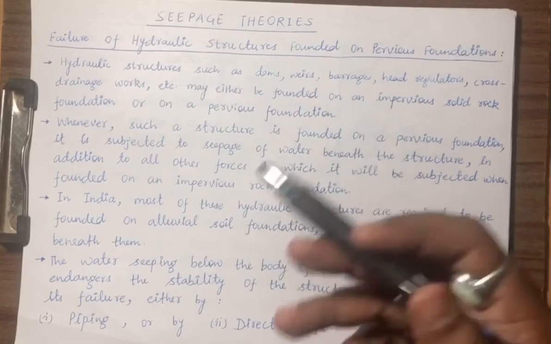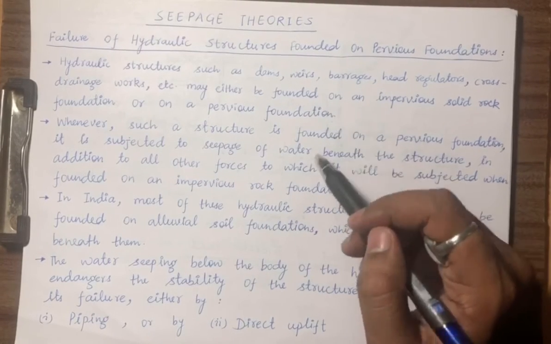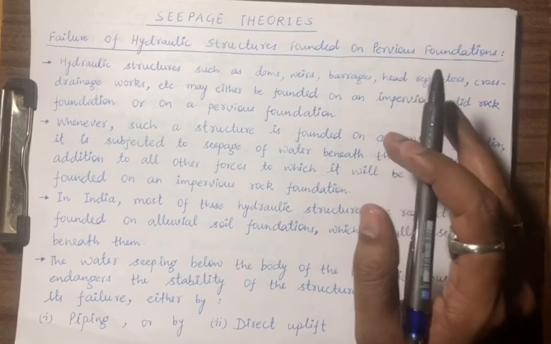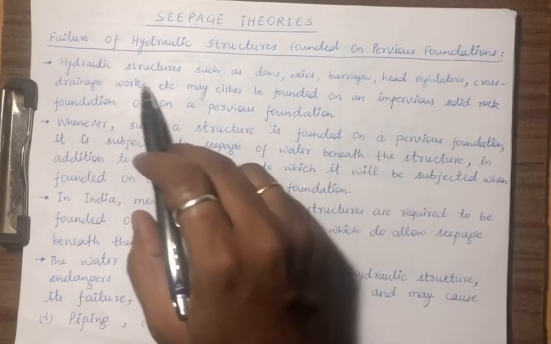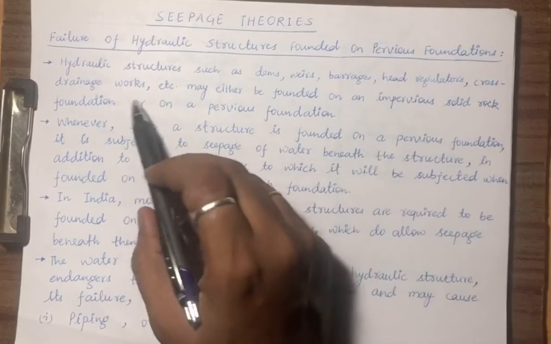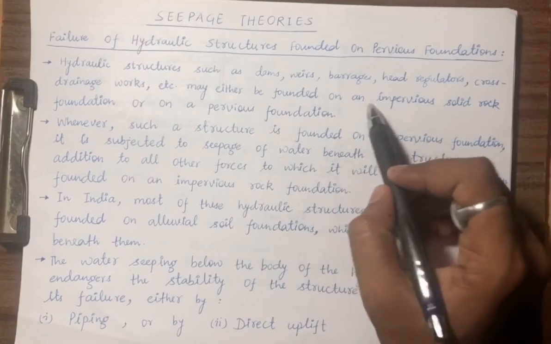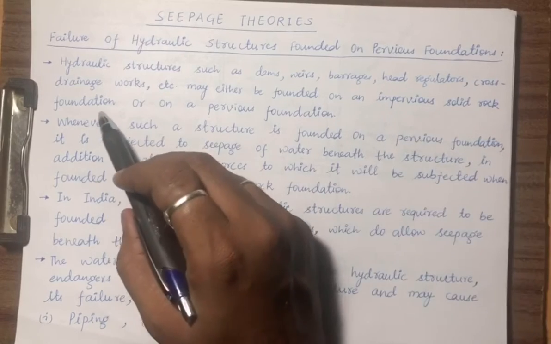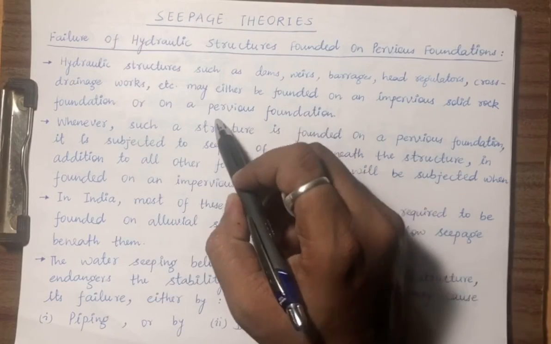First we are seeing how this failure is occurring, then we will see how we can reduce that. So hydraulic structures such as dams, weirs, barrages, head regulators, cross drainage works, etc. may either be founded on an impervious solid rock foundation or on a pervious foundation.